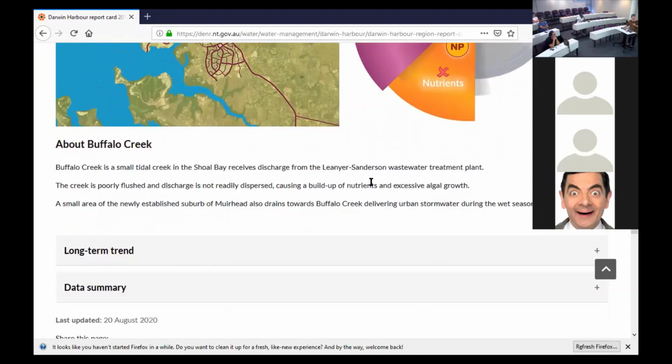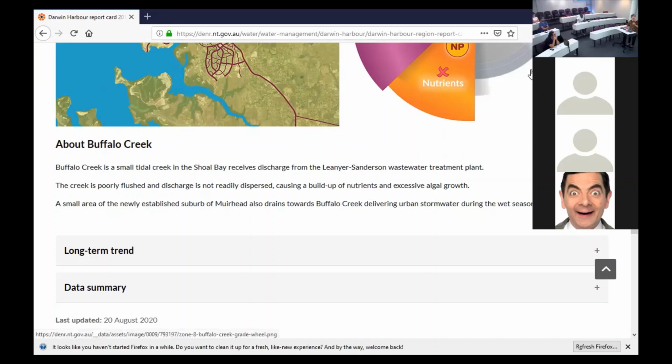Buffalo Creek is a small tidal creek that drains into Shoal Bay. It receives discharge from a waste treatment plant, so a sewage farm. So obviously that explains quite a lot. The creek is poorly flushed and discharge is not readily dispersed. Bit of jargon there that perhaps could have been expressed a little bit more simply, but you could look up those 2 words perhaps, causing a build-up of nutrients and excessive algal growth.